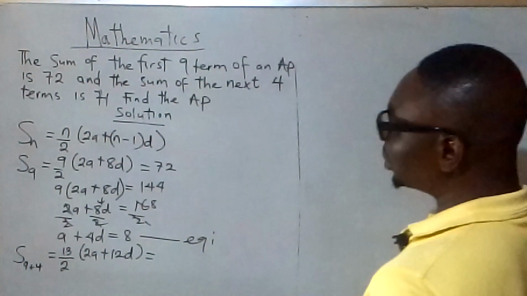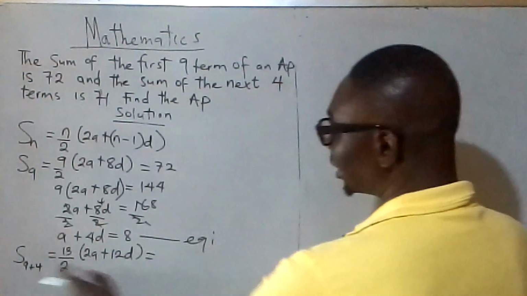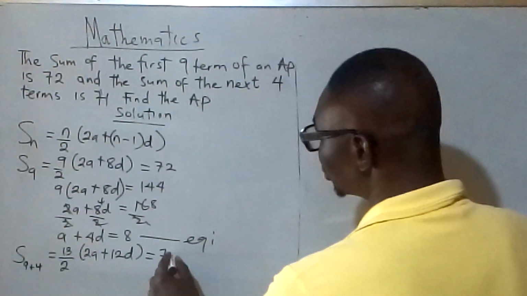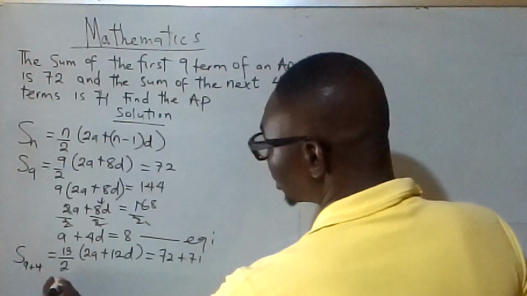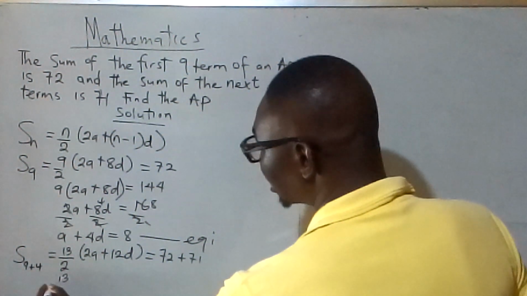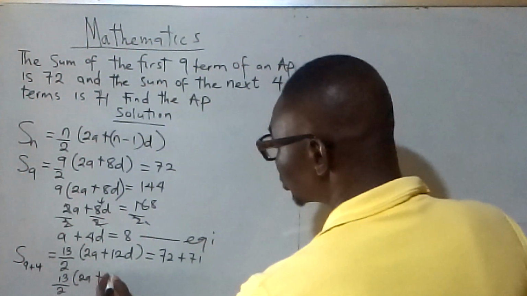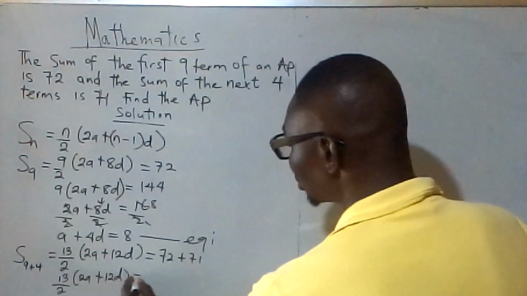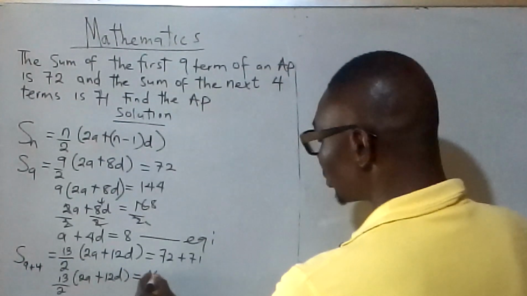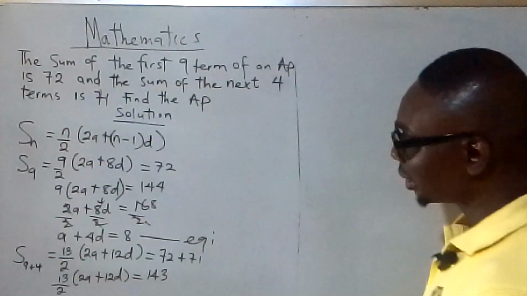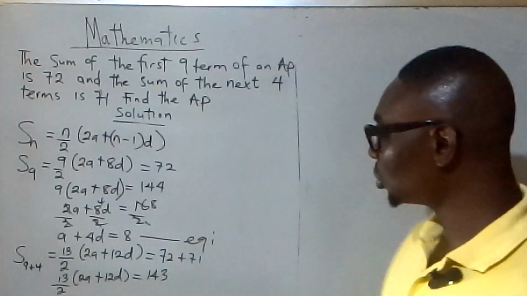And it is going to be equal, since we are adding both the 9 terms and the next 4 terms, to 72 plus 71, which is 143. So 13 over 2 into (2a plus 12d) is equal to 143.